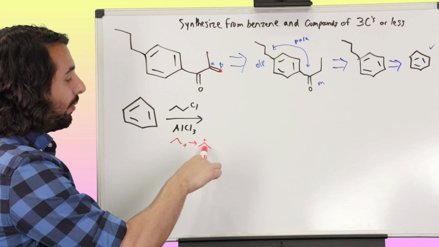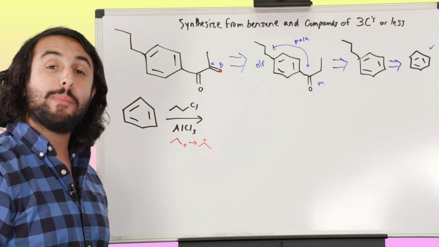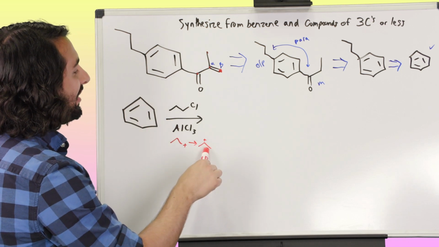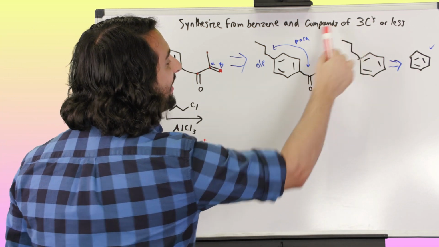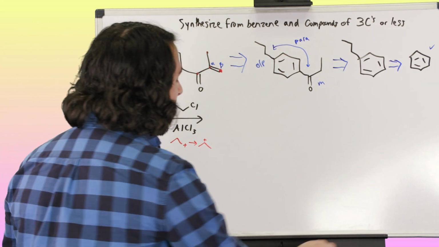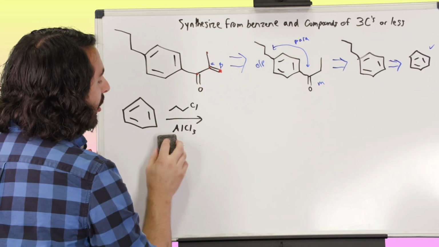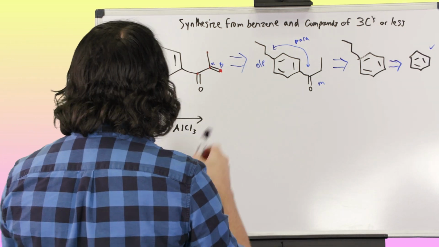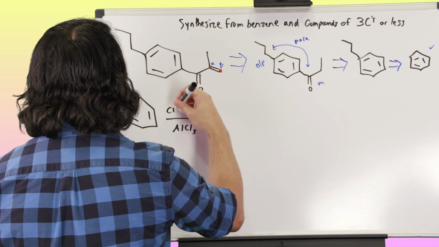So this would immediately rearrange to give the secondary carbocation by a hydride shift. And so then we'd have benzene interacting with this instead, and we would not be getting this linear fragment. So that's a problem. We cannot use Friedel-Crafts alkylation to do this. But there is a solution. What if we do Friedel-Crafts acylation instead?